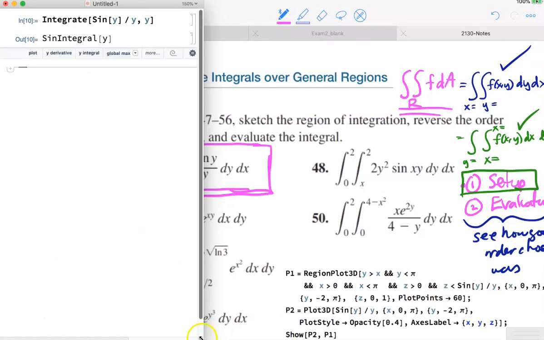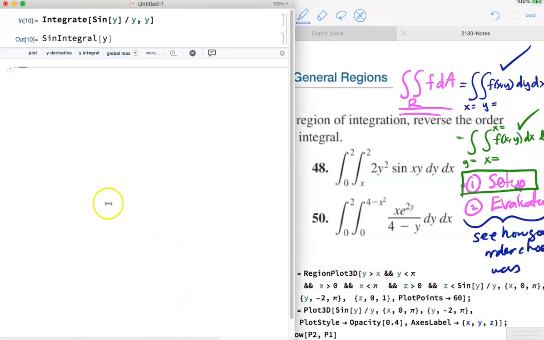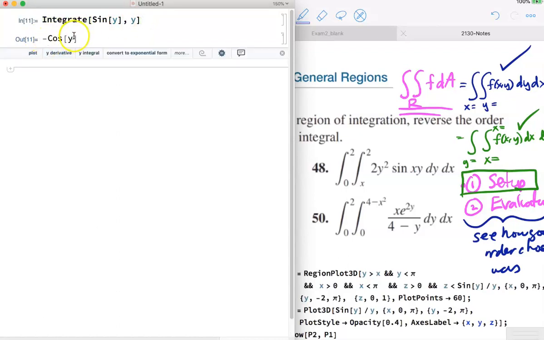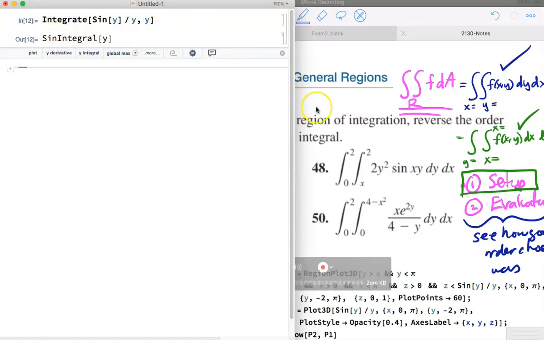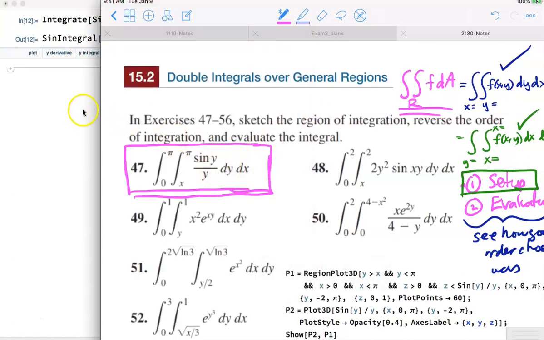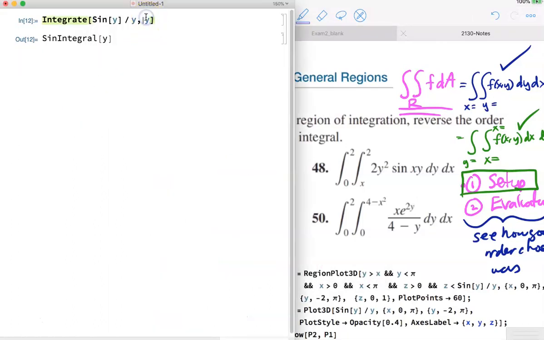In this case, this antiderivative is called the sine integral. So this is quite different from integrating sine of y, whose antiderivative is negative cosine of y. Sine of y divided by y does not actually have an antiderivative that we know about. And then you're like, well, maybe sine of y over y doesn't have an antiderivative, but I should be able to find the integral from x up to pi.